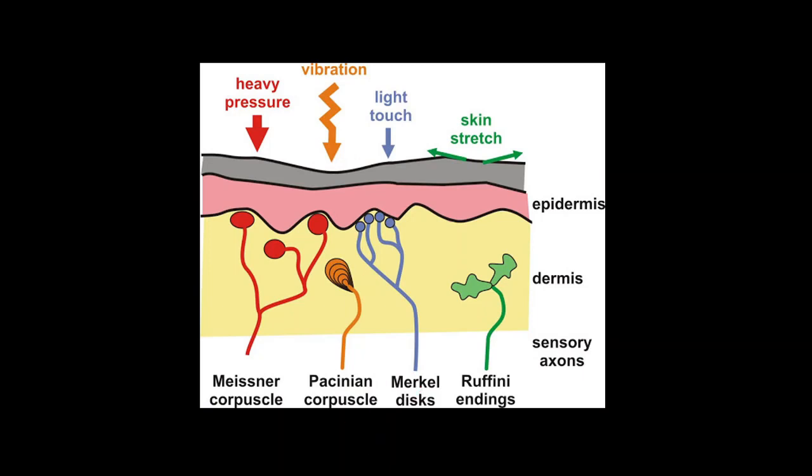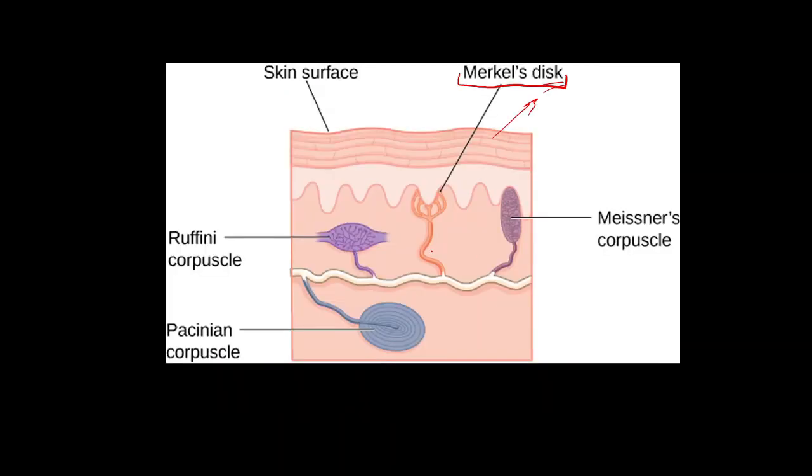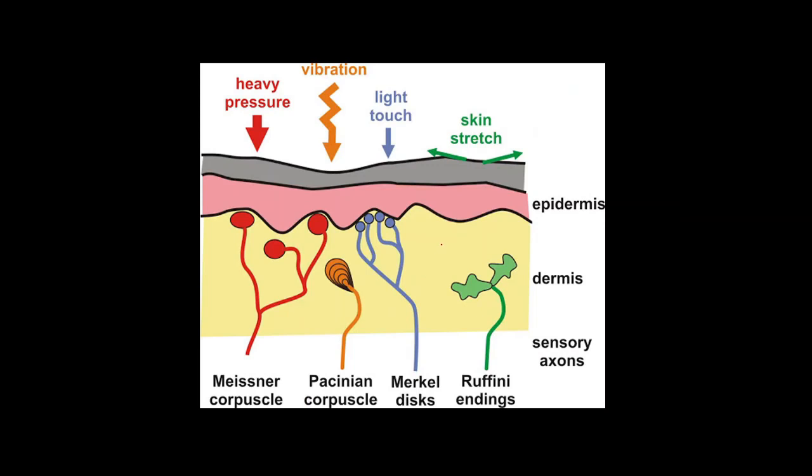The vibration is in Pacinian corpuscles and also Krause. I don't know if it's written in here, but Krause corpuscles also exist. These Krause corpuscles are very important for low frequency vibrations in the penis and the clitoris.